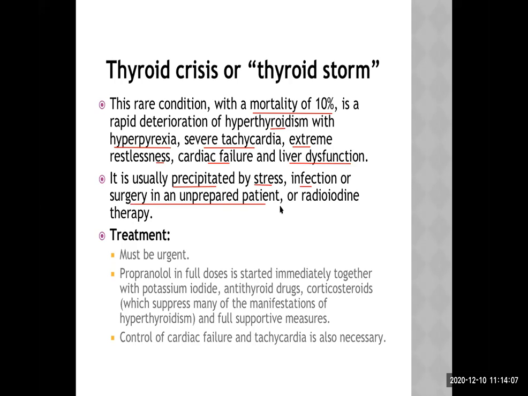The preformed hormones which are there inside the thyroid gland are released in an excessive amount, and these hormones are responsible for thyroid storm or thyroid crisis. This is the mechanism.